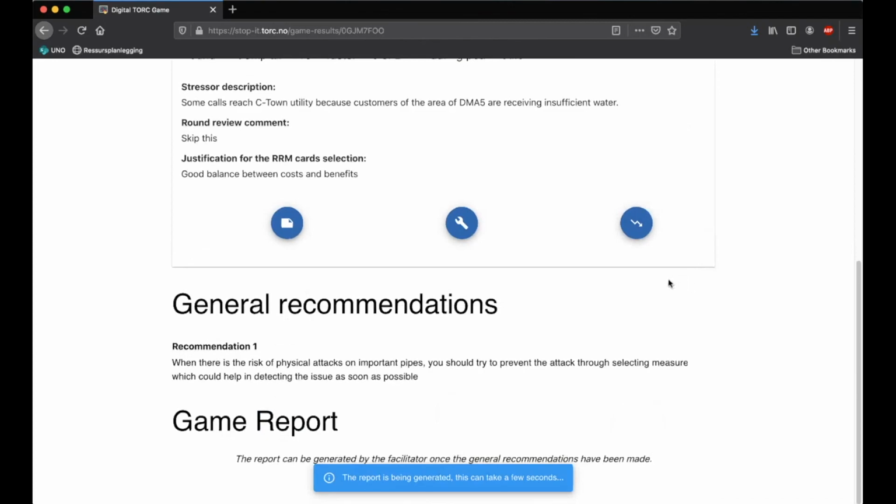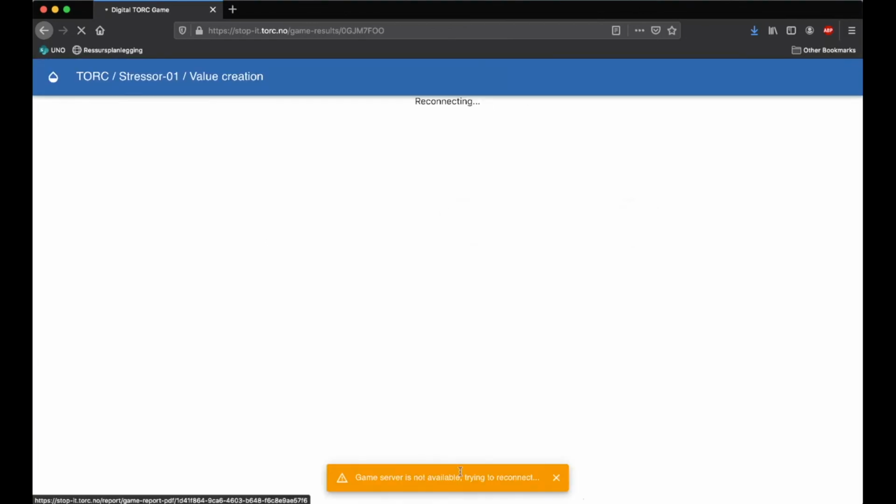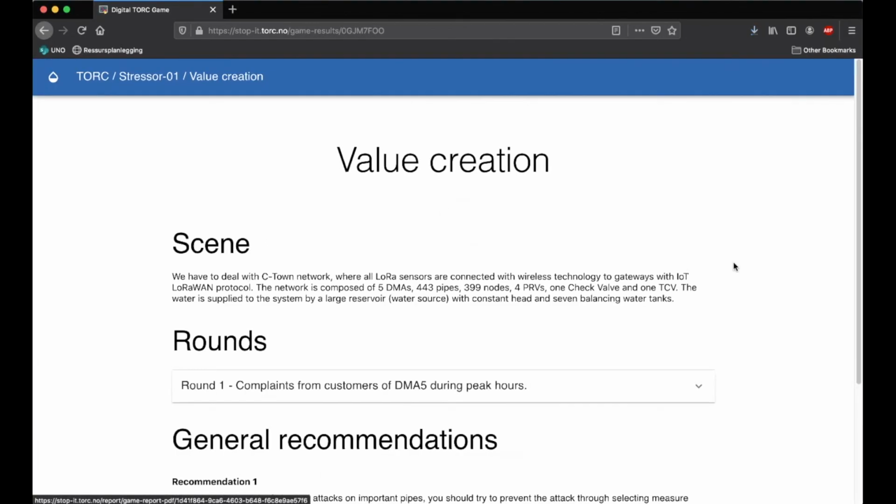And basically in the game report, it is written what we have said during the game. You can download it and it's like a PDF file.